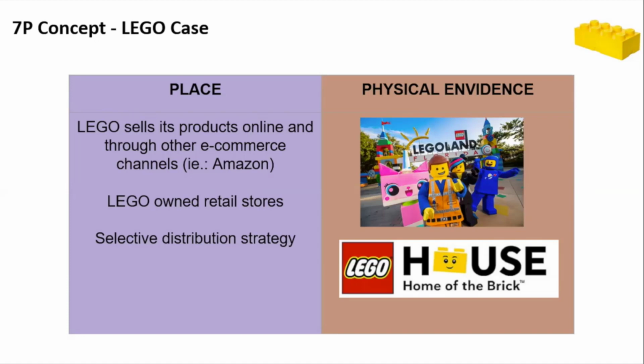You know you are in a park related not just to bricks, and when you are in the store, you know it's not just a toy store. You can live the experience. And they also have the Home of the Brick, where you can see how the bricks are produced. You can see the molding manufacture. So they give you the total experience.